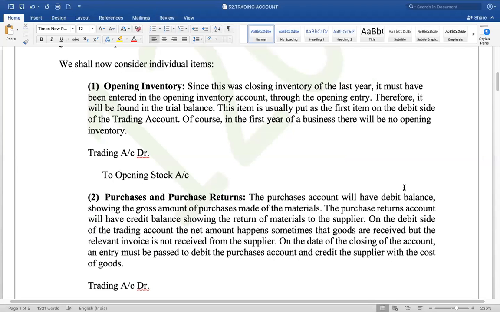And this stock can be opening and can be closing. What was closing during the last accounting period will become opening for this accounting period. So therefore, the entry is trading account debit to opening stock.